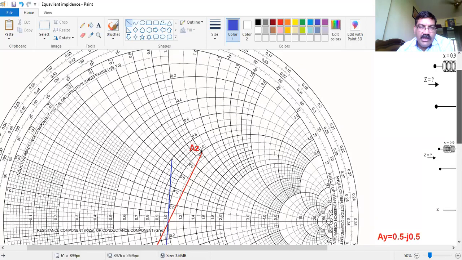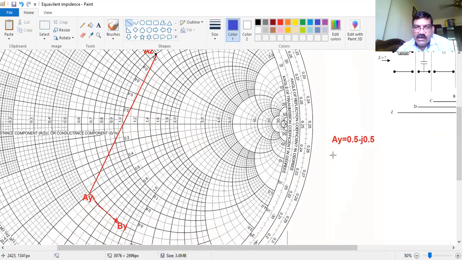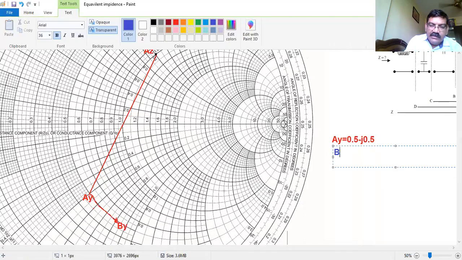Anybody doing it on paper can verify it. I'll just write the very first value of by.